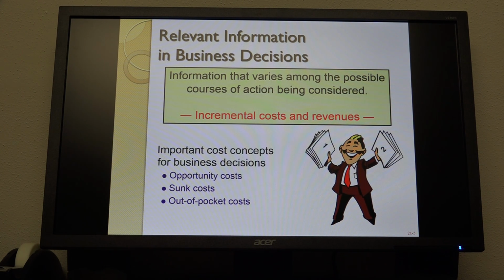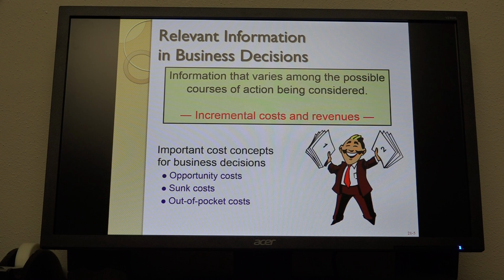So anyway, information that varies among the possible courses of action must be considered. And so, again, incremental costs and revenues must be considered. Opportunity costs must be considered, even though there's no financial outlay. We'll talk about what an opportunity cost is here in a second.